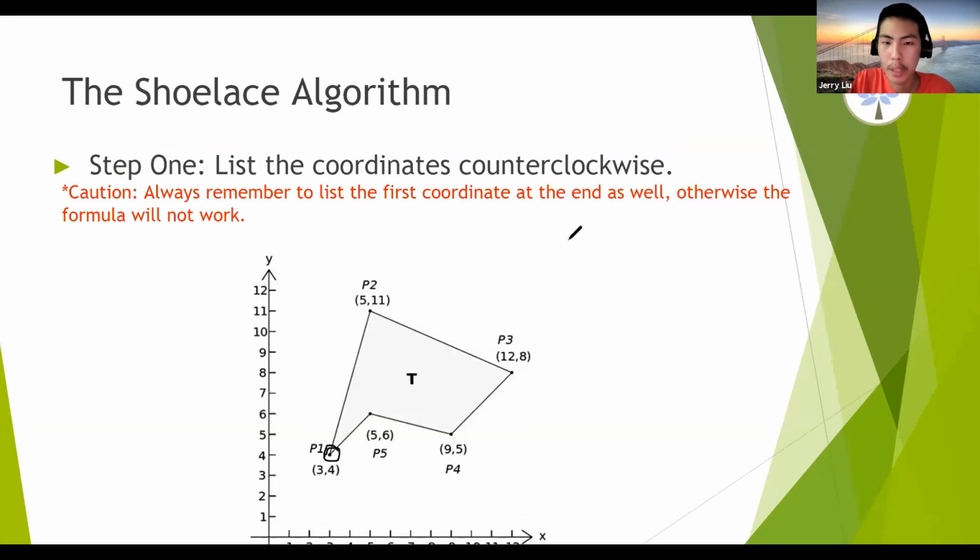Starting from P1, we list 3, 4. We list them as separate numbers like so. For P5, you would do 5, 6. And then for P4, you would do 8, 5. For P3, it is 12, 8. And we can end it with P2 at 5, 11.